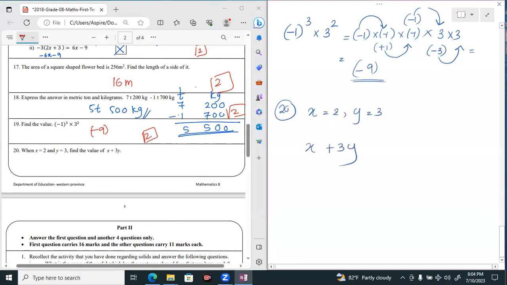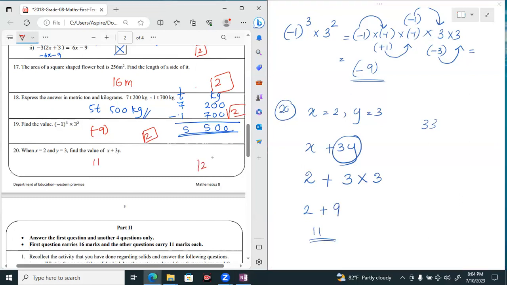Remember that when you have to do a substitution for a product of an algebraic expression, you have to start with the multiplication. 3 multiplied by 3, then 2 plus 3 into 3, it's 9. 2 plus 9, the answer is 11. Then the answer is 11 here. It is 2 marks.